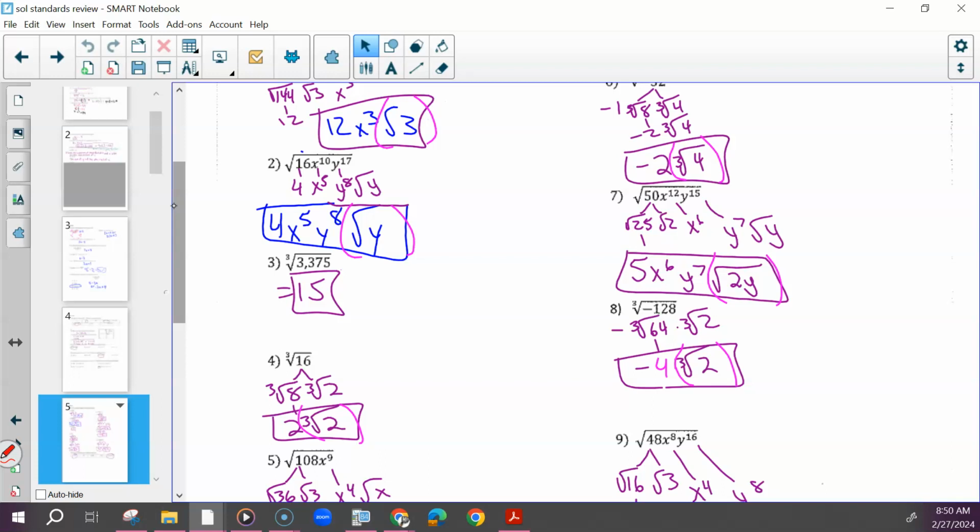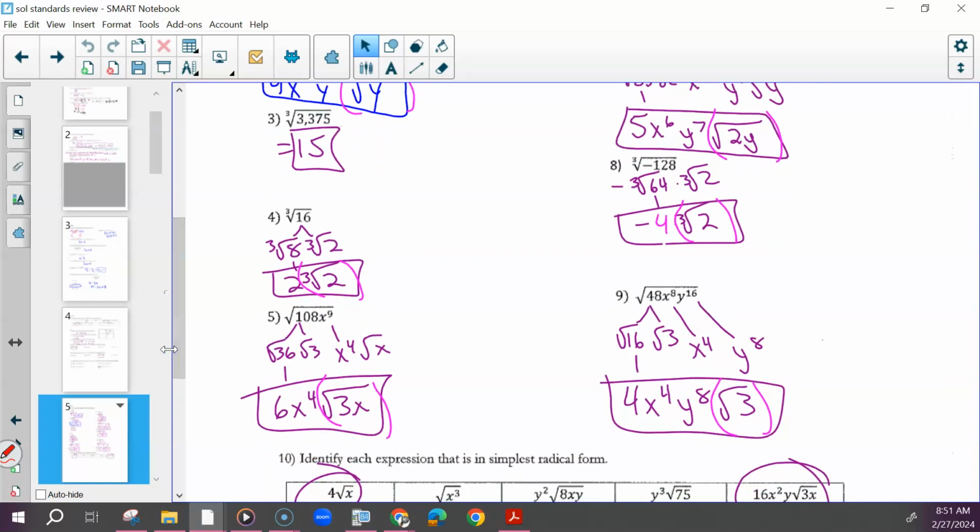Number 6 was negative 2 times the cube root of 4. 7 was 5x to the 6, y to the 7 times the square root of 2y. 8 was negative 4 times the cube root of 2. I'll give you some time to write that down, and then I'll slow down just a second.